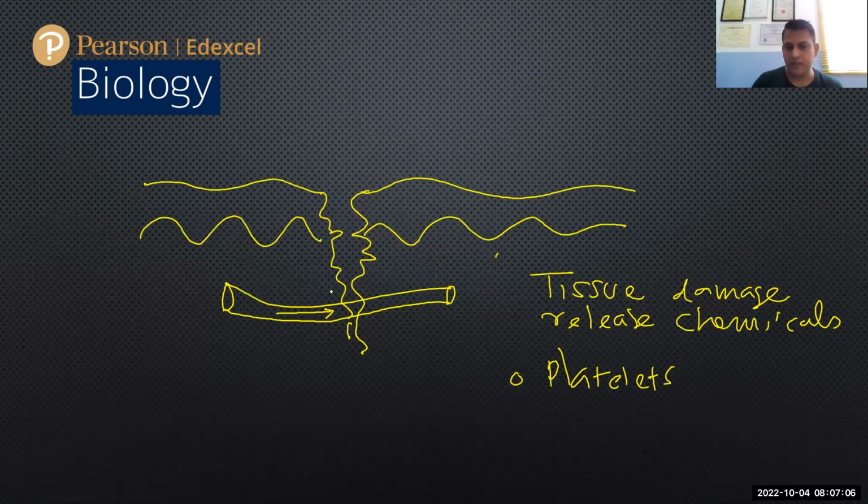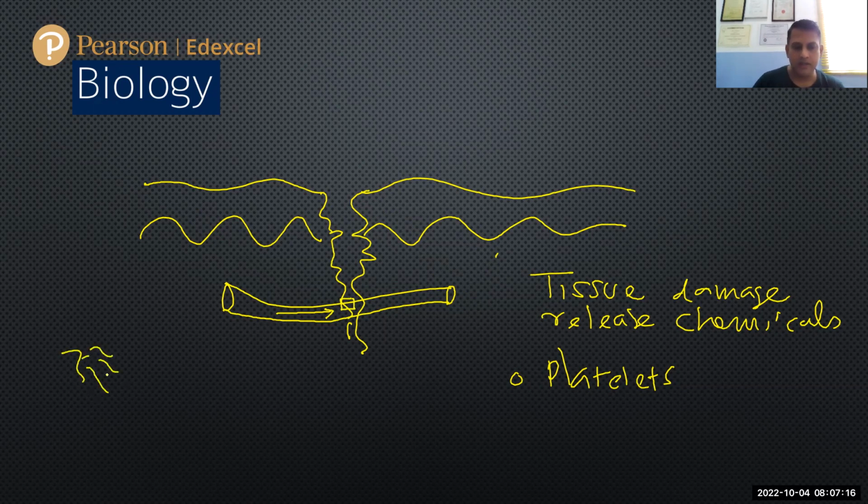So if we enlarge this area, I just show a small square here, and these are the damaged tissues including collagens. This represents the platelets.